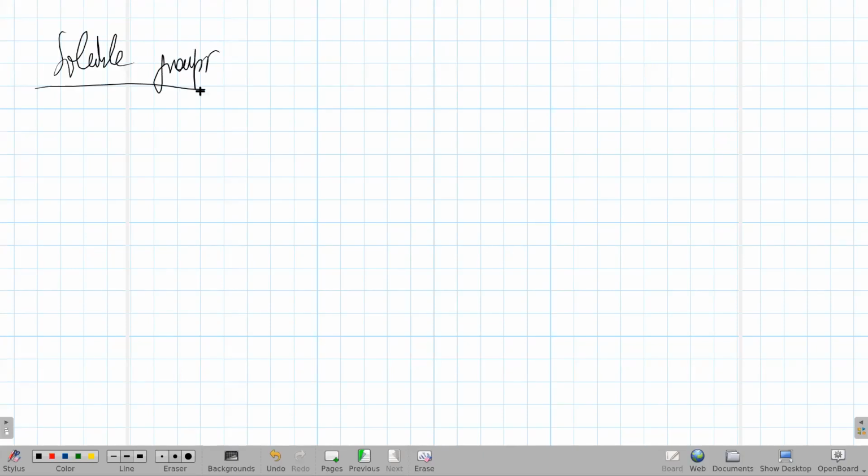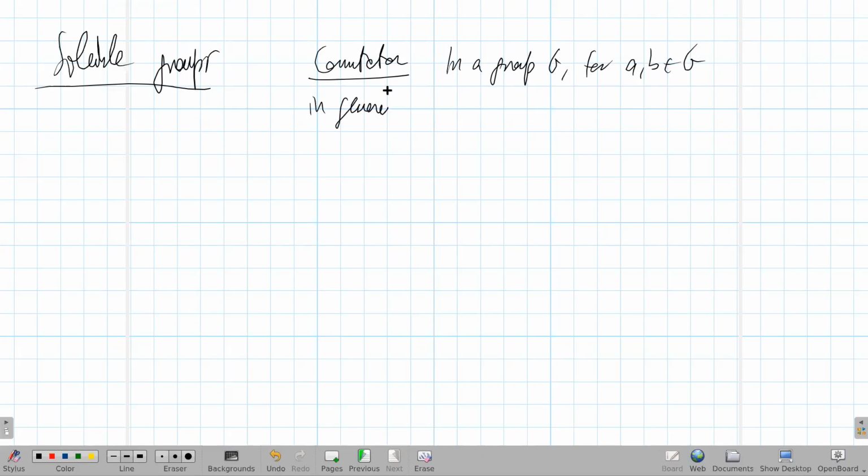Let's recall first some basic definitions. The first definition is of a commutator. The idea in general in a group is that for a, b in G, you will have that ab is different from ba.